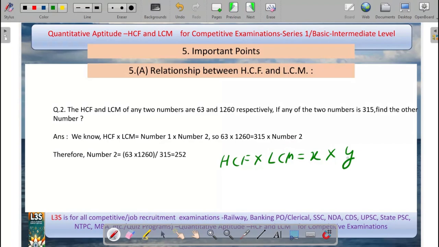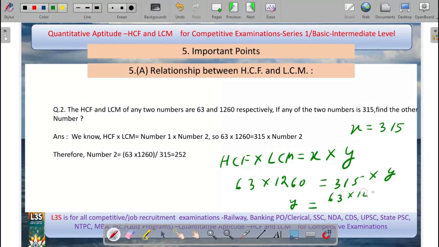We know x is given as 315. So 63 into 1260 equals 315 into y. So y will be equal to 63 into 1260 by 315, and when we simplify we will get 252.